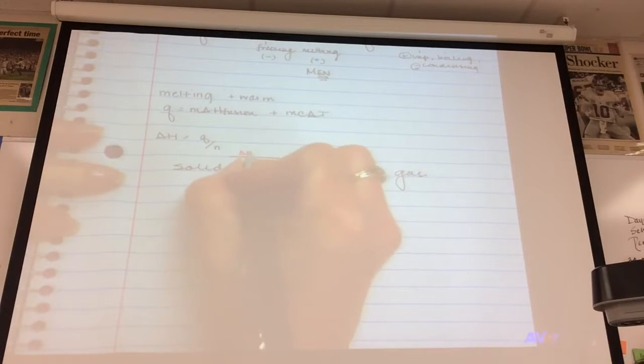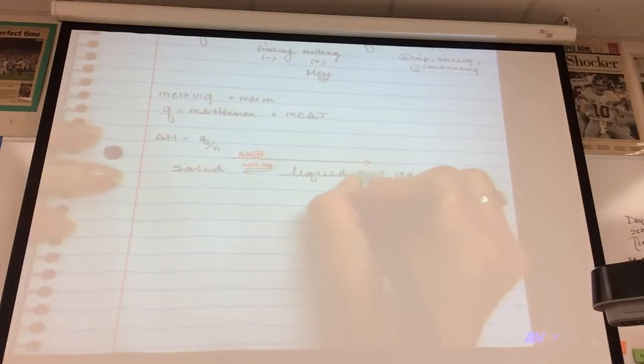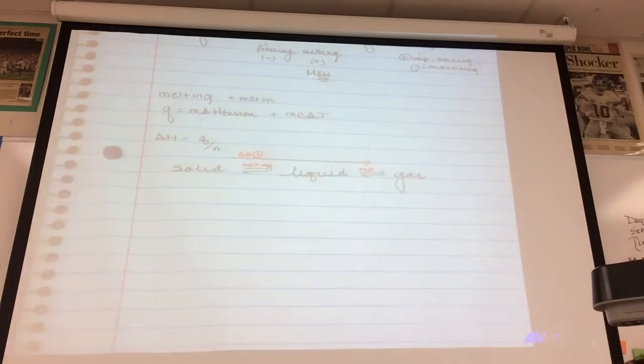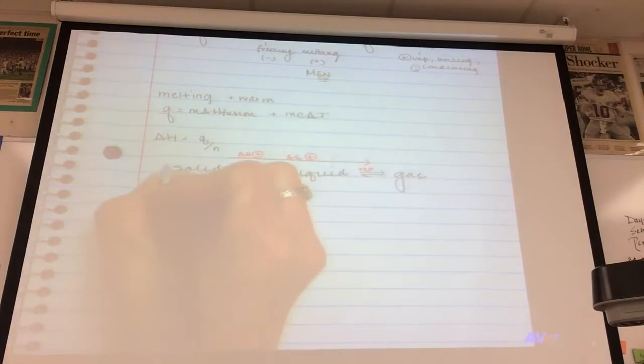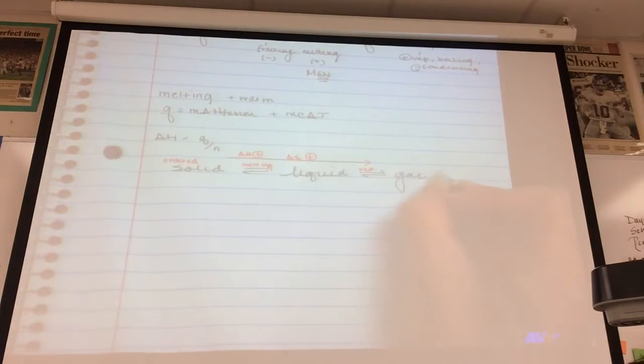We know delta H is positive, melting is endothermic, vaporizing or boiling, endothermic. Delta S here would be positive as well. Solids are ordered, gases are disordered.